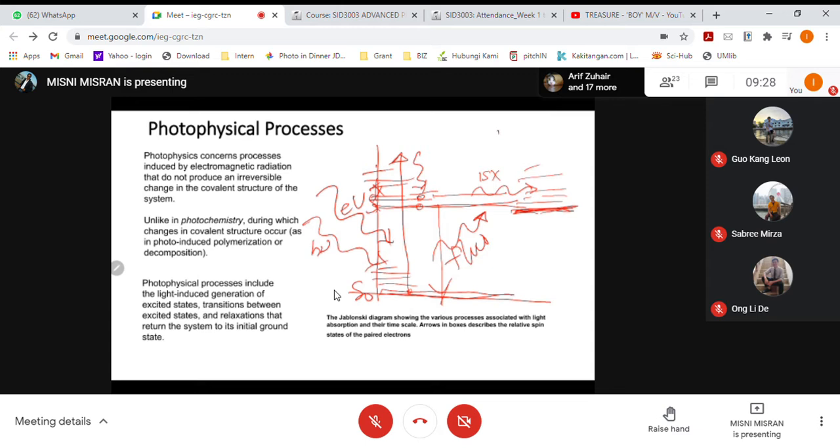Now going back to the triplet state. Okay, it's too far on my left screen. After intersystem crossing, it also undergoes relaxation from upper vibrational energy levels to the lowest energy level of the triplet state.